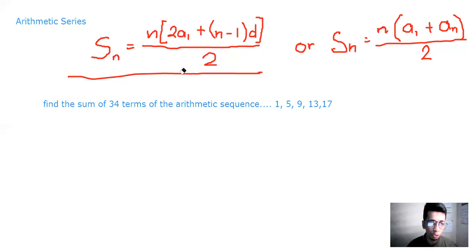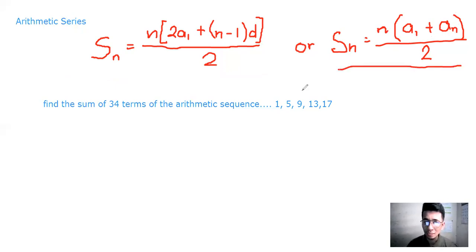Si unang formula muna yung ating gamitin, since hindi pa binigay ang last term. Kapag binigay si last term, pwede natin gamitin itong si pangalawa. Hindi natin magagamit yung pangalawang formula because hindi given si last term.